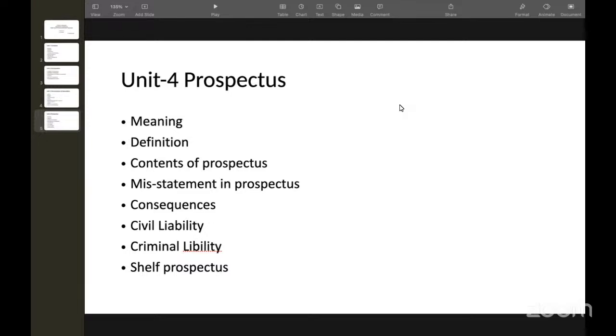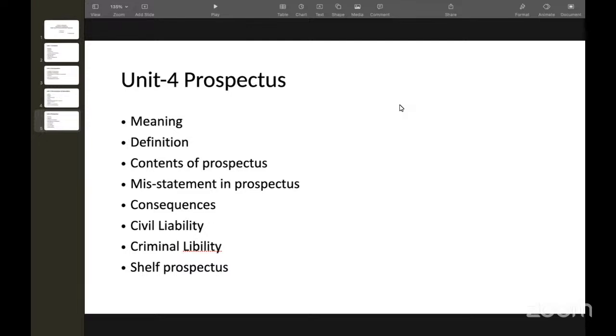Financial information. This is the fifth point. Past financial performance, audited statements and projections. Dividend policy and liabilities of the company. Sixth, risk factors: possible risks associated with investing in the company, including market risk and operational risk.